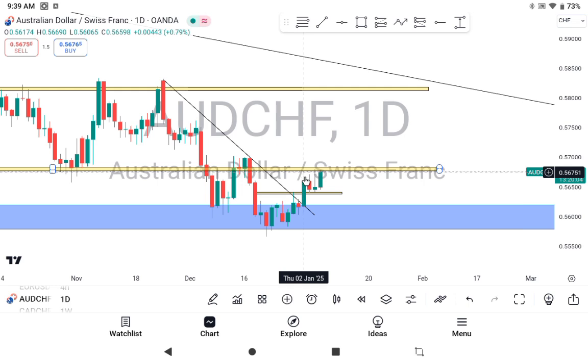The second candle opened again and was still unable to break higher. The third candle, which is yesterday, rejected price again and closed. The sellers are there, they pushed the price down, and on this day, price is currently attempting that level again.